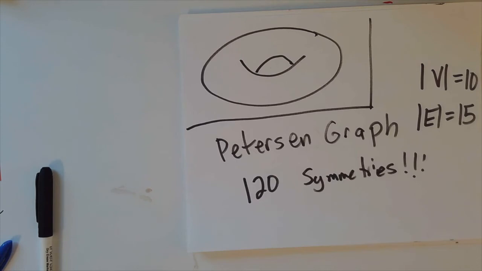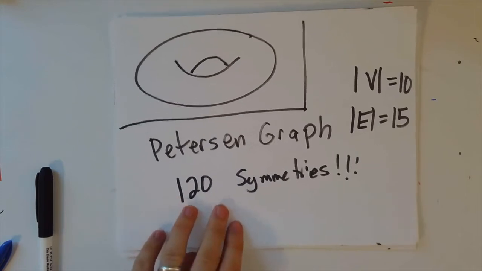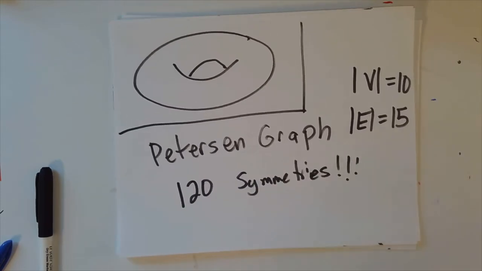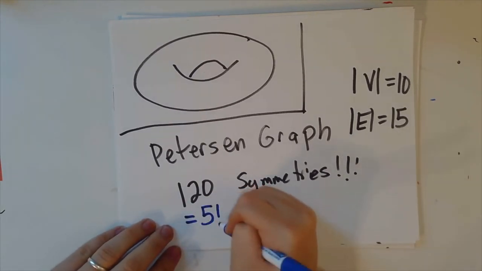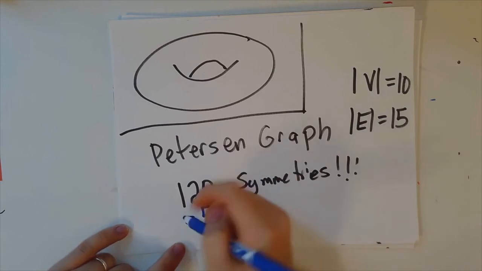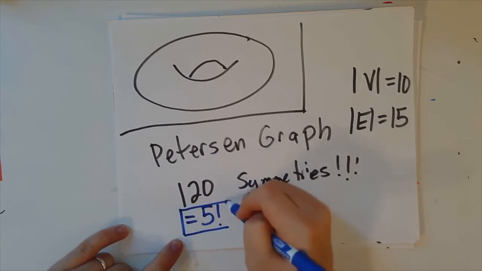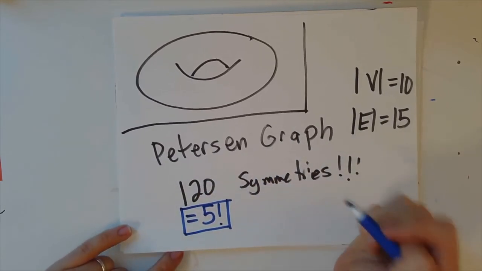But I want to come back to this 120 symmetries, because you've been in a combinatorics class for almost a semester now, and probably the number 120 does not sneak by without you saying, wait, I know what 120 is. 120 is 5 factorial, right? I can't not see that 120 is 5 factorial.